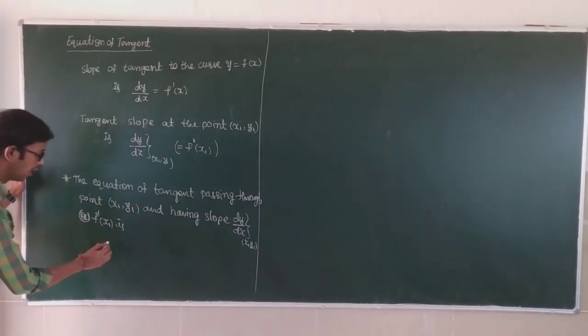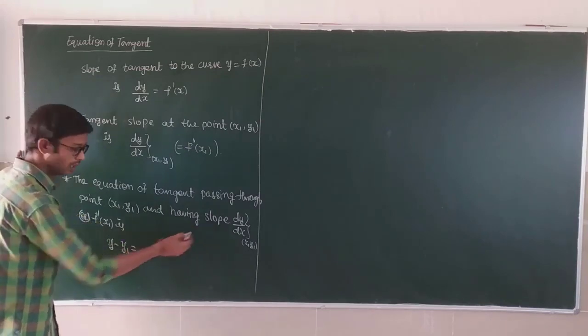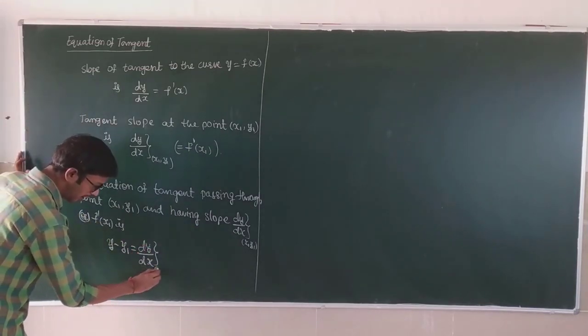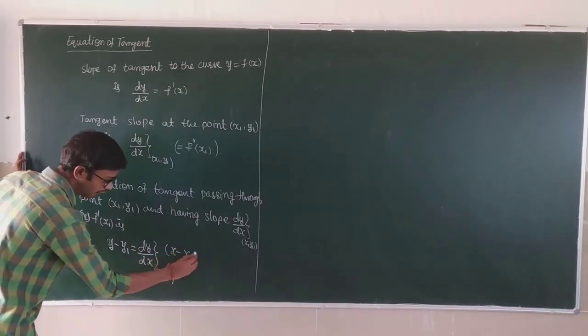Y minus y1 is equal to m, the slope, dy by dx at the point x1 comma y1, into x minus x1.